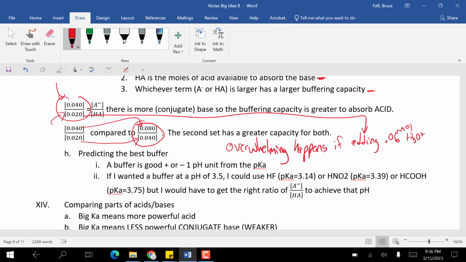So if I added 0.06 of that, I would have 0.02 moles of H3O positive in the solution, and then find pH from that.